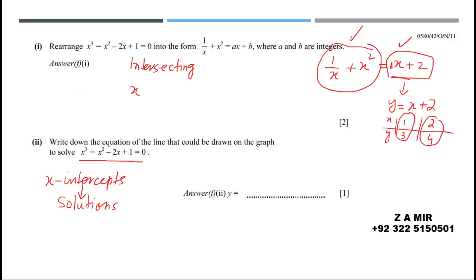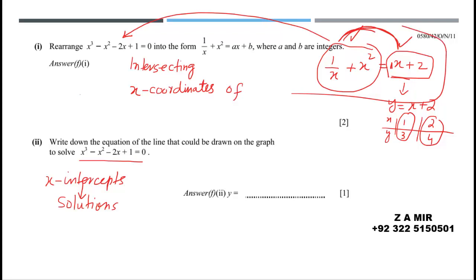The x coordinates of the point of intersection will be the solution of these two equations. And student, we know that these two equations are created from this. So the solution of these two, which is the point of intersection, will be the solution of this as well.